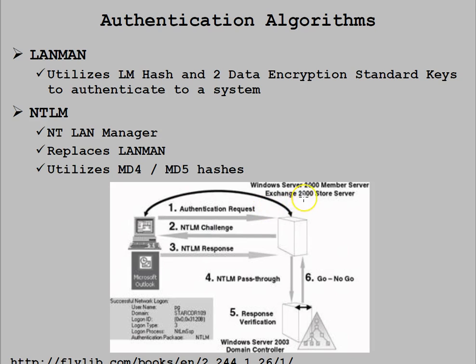So that's kind of cool. If you see this over here, it says Windows 2000 and Exchange 2000. So since 2000, which seems long ago, we've been using NTLM to hash passwords in Windows for authentication purposes.